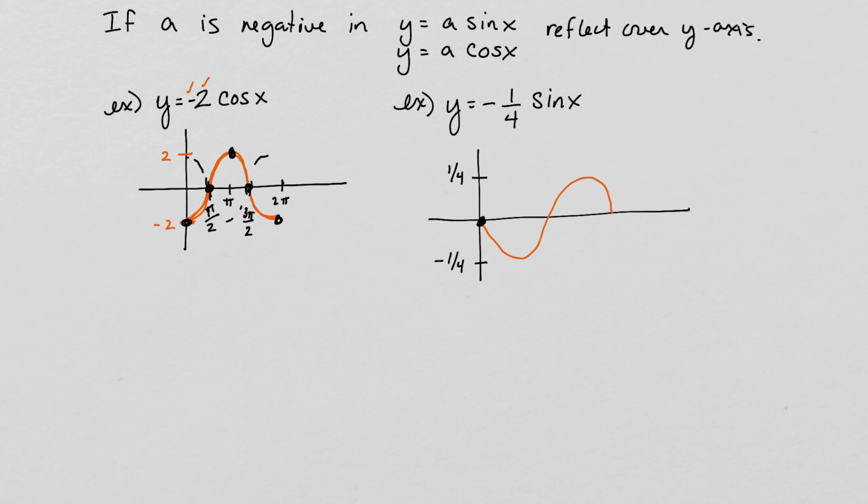And then again, we need to label those 5 key points. So 2 pi, this is 3 pi over 2, this is pi over 2. So that's how we're going to get those points there.